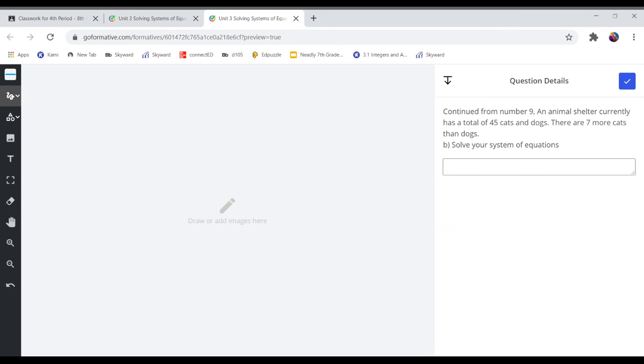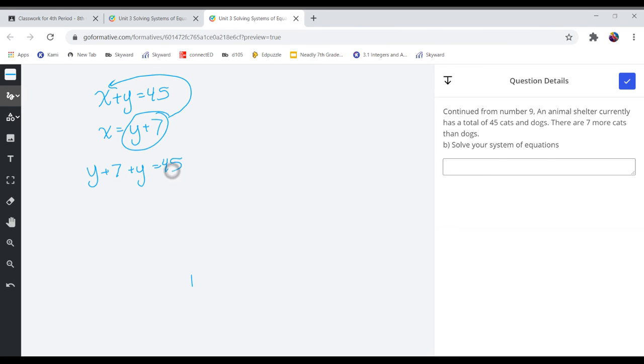So we're going to take those same equations, x plus y equals 45 and x equals y plus 7, and solve this. You can do elimination, you can do substitution. I will do substitution and plug in y plus 7 for x. y plus 7 plus y equals 45. I'm going to put an imaginary 1 with both my y's. That becomes 2y plus 7 equals 45.